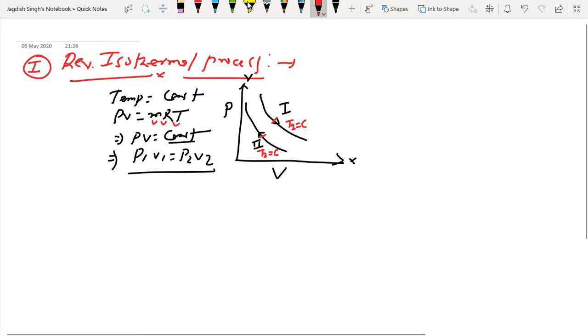This is the initial step, so you need to understand very carefully how this curve will be drawn and how this process is represented on the PV and TS plots. In either process 1 or 2, the gas is expanded, and in the other, the gas is compressed.